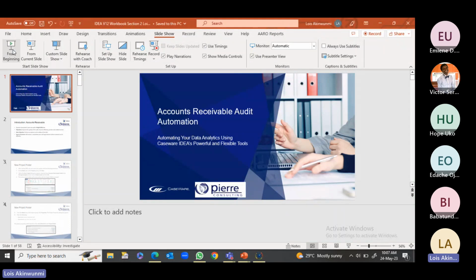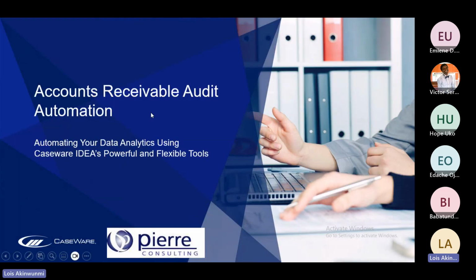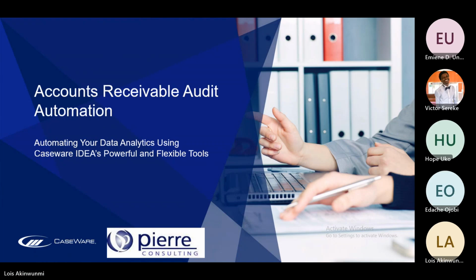Please, can you confirm that you can see my screen and that I'm audible enough for you? Hello, Mr. Ilori, Mr. Ojobi, and Amiene. Can you hear me? And can you see my screen? Yes, we can hear you. We can see your screen. Yes. Oh, very good. Thank you for the confirmation.